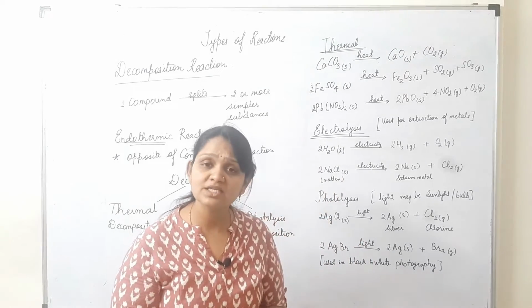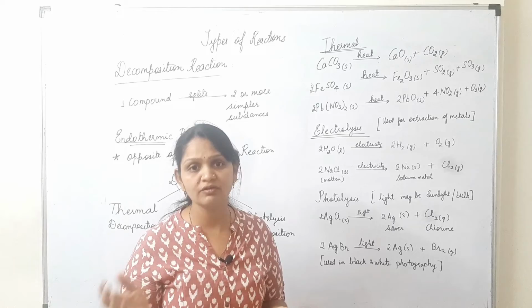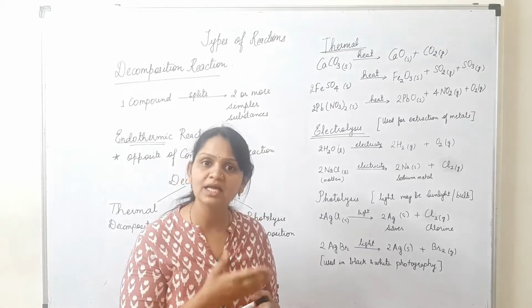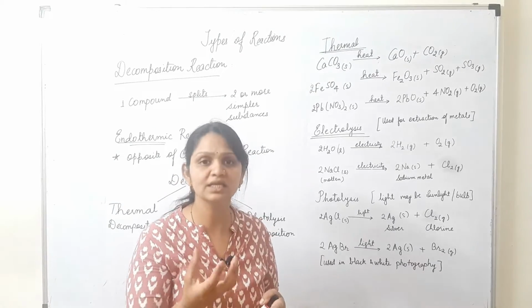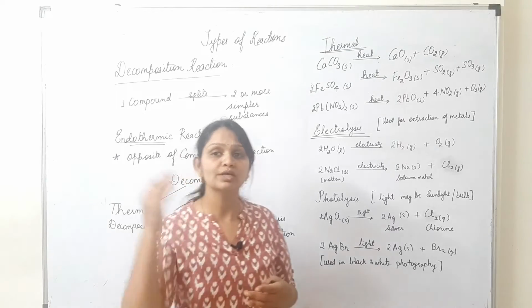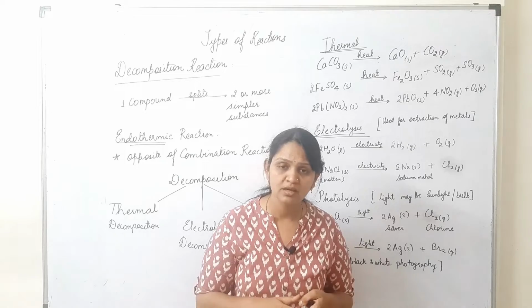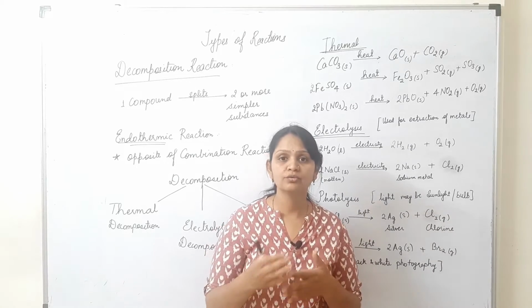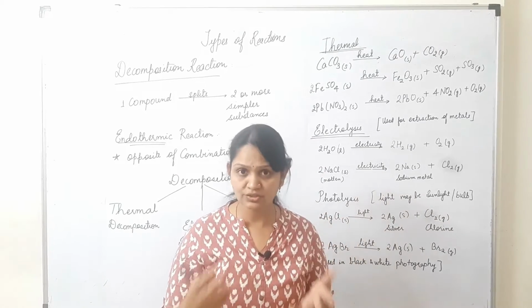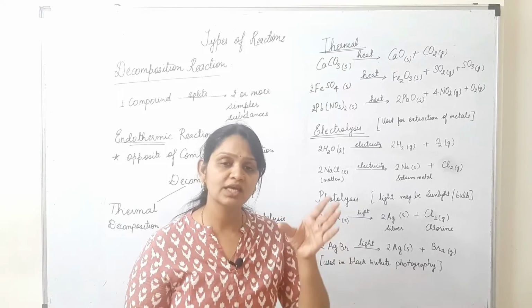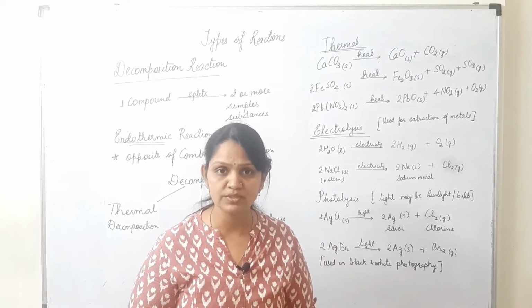Now, the energy can be in different forms. It can be heat energy, that is, we are heating it. It can be due to the sunlight or the bulb light in our house, or it can even occur due to electricity. Electricity is also a form of energy.